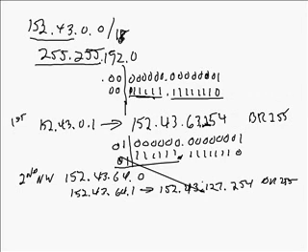So what's the next one going to be? Well, the third one would be 152.43.128.0. All I'm doing now is saying, I'm going to switch this from 01 and make it 10, 10 with 128.